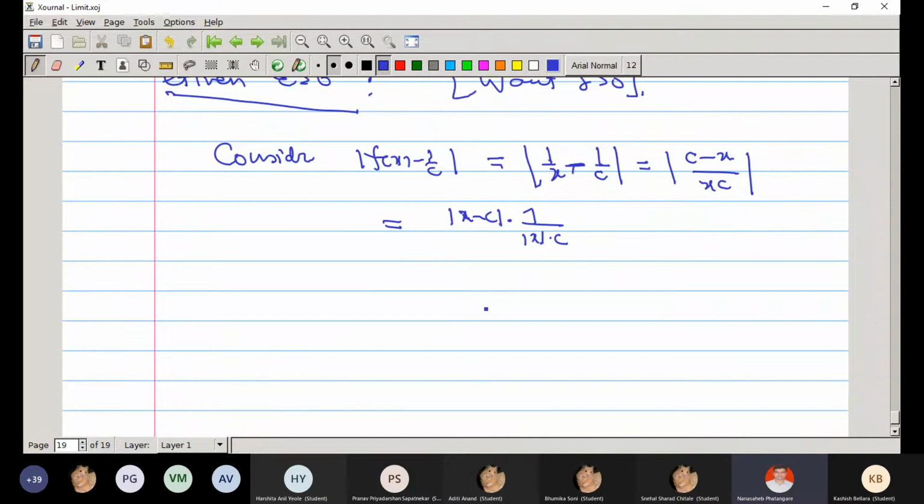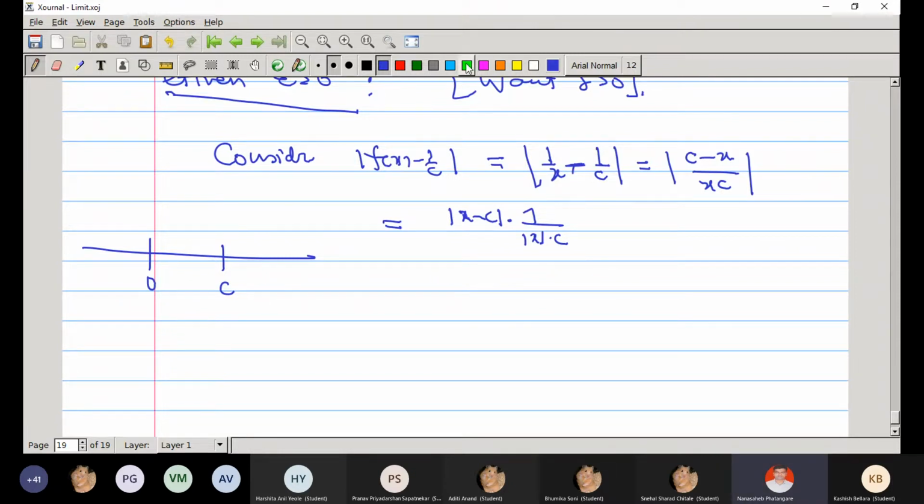Now tell me, what should be my next thinking process? My c is some positive number and I want to make f(x) minus 1 by c less than epsilon. That means |x minus c| into 1 upon xc should be less than epsilon. To make this amount less than epsilon, I should control the second factor.